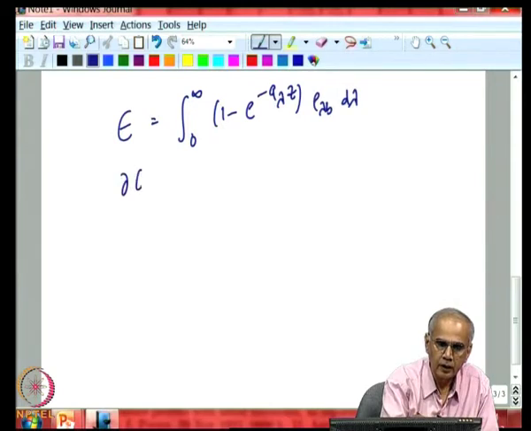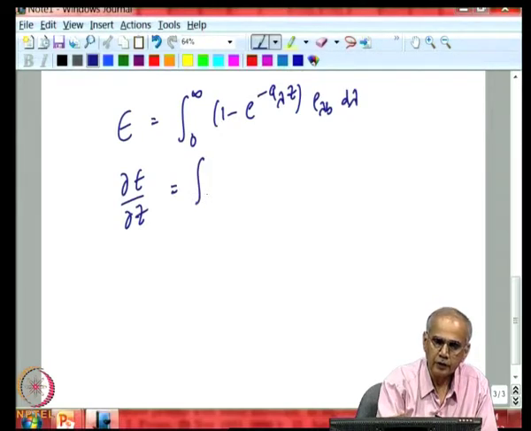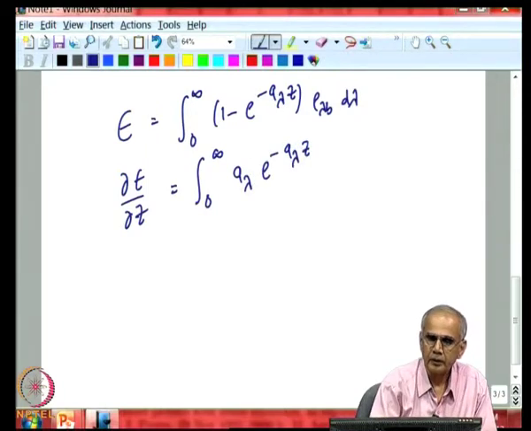Therefore, delta epsilon delta z would be equal to the integral from 0 to infinity of a lambda e to the power of minus a lambda z E lambda b d lambda.